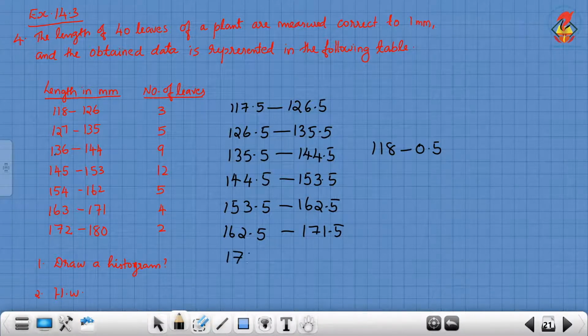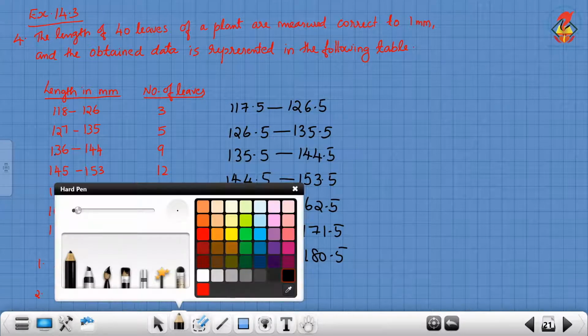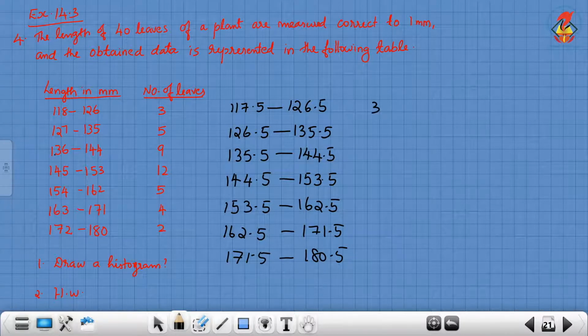Next 171.5, 180.5. The frequencies remain the same: 3, 5, 9, 12, 5, 4, 2.